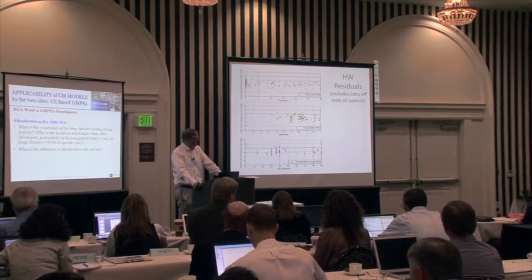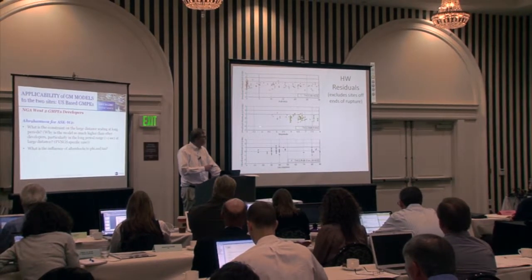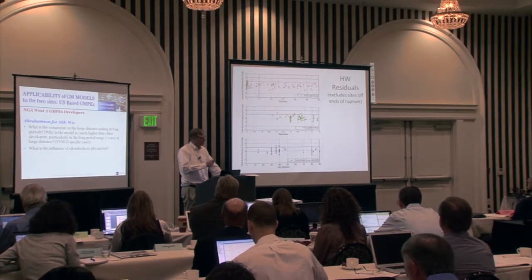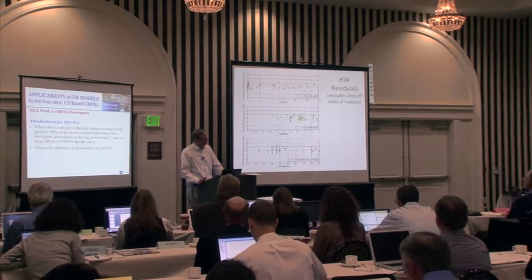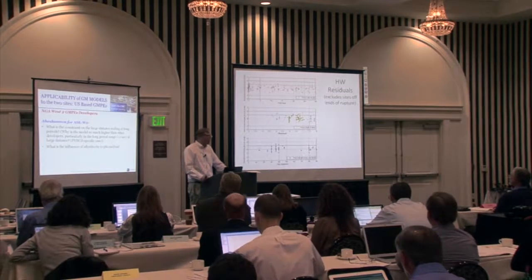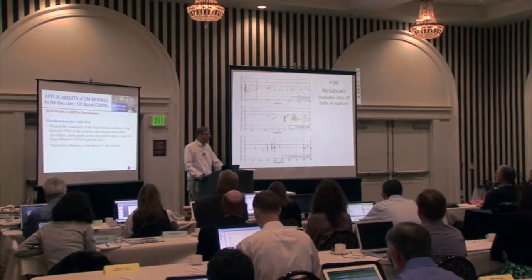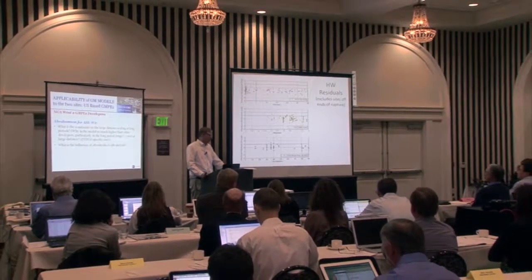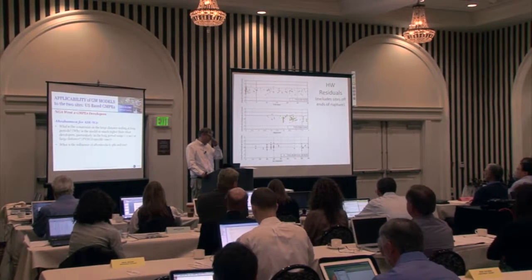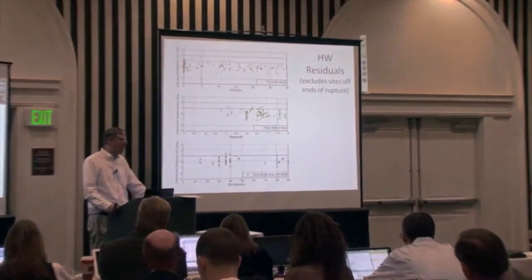Maybe the distances are off, and we're back to why the standard deviations go up at short distances for these smaller magnitudes, which Linda will talk about later on. Is that radiation pattern differences showing up? Is it errors in the magnitude? Is it errors in the distance or the location of the source such that the nearby distances are off? All of those could contribute, but I don't have a good answer.